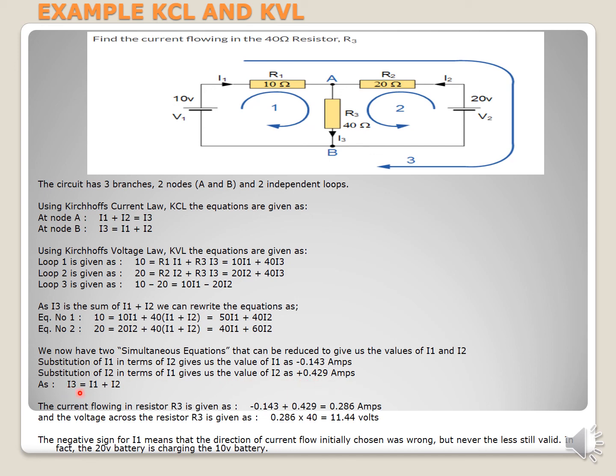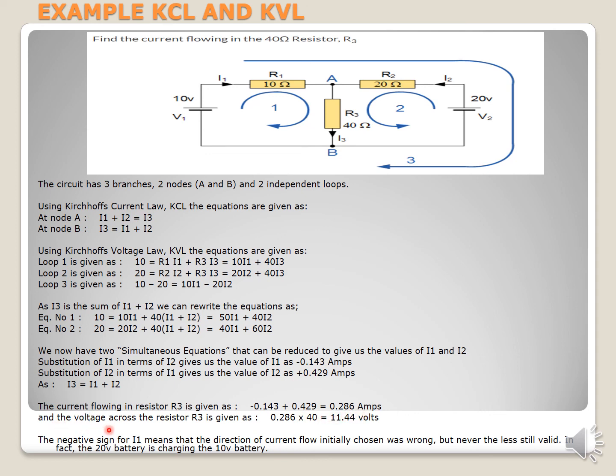As I3 equal to I1 plus I2, the current flowing in resistor R3 is given as negative 0.143 plus 0.429, and we get 0.286 amperes.